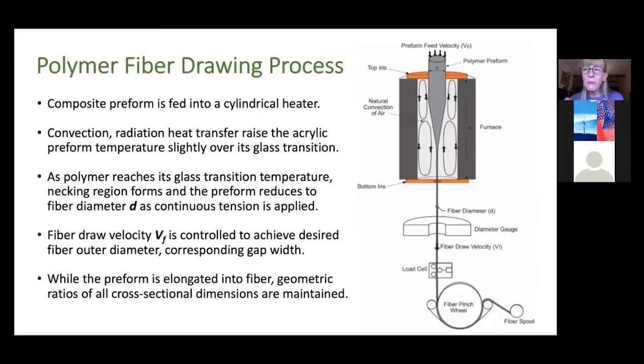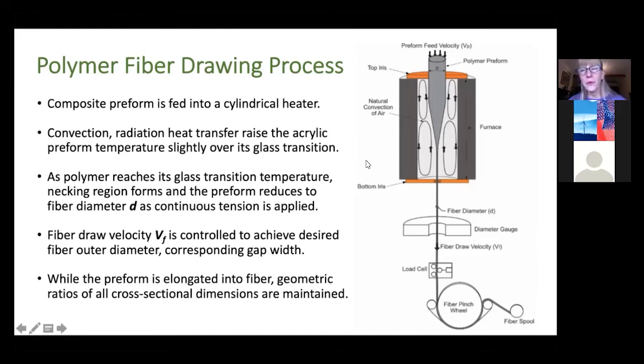But whatever composite material system you choose, you want to make sure that you're not driving off volatile components that you would want to keep there. You would want to make sure that you're not causing any deformation of smaller scale structures that you would like to retain the shape of.